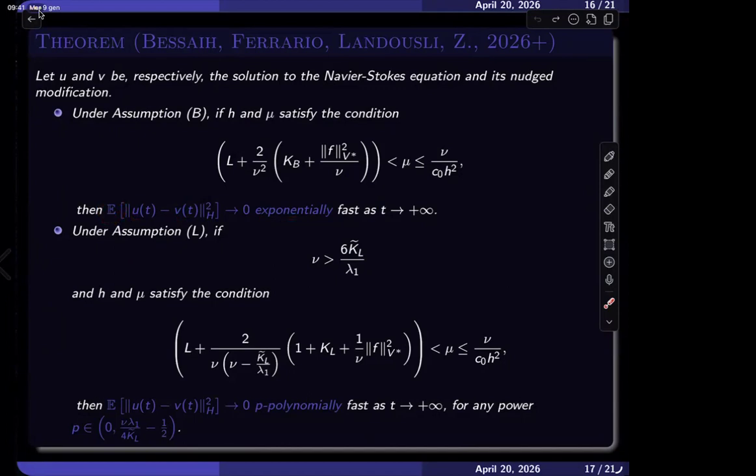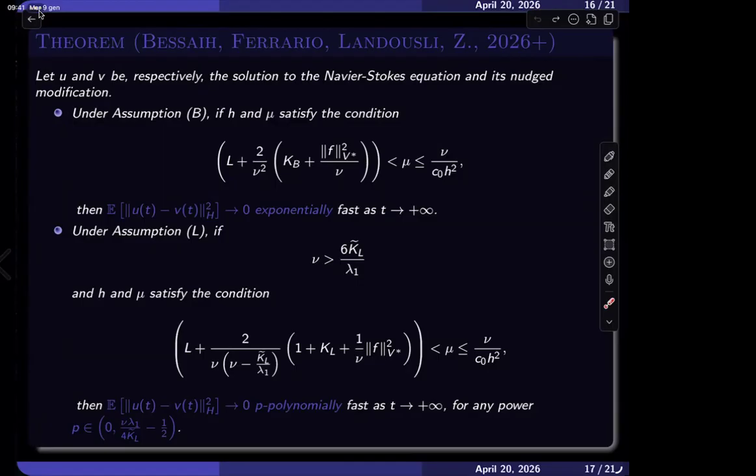And this is related to what I said before. When you consider the difference of the solution U and the solution V, the noise does not disappear since it's multiplicative. So you have to deal with the difference of the noises somehow.